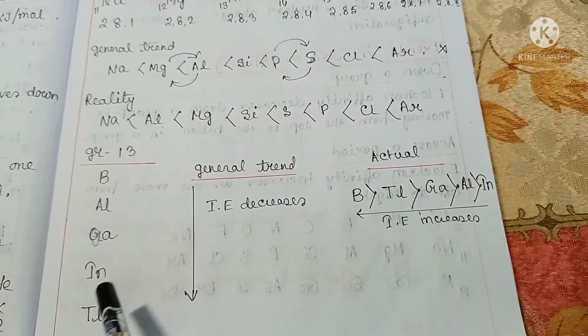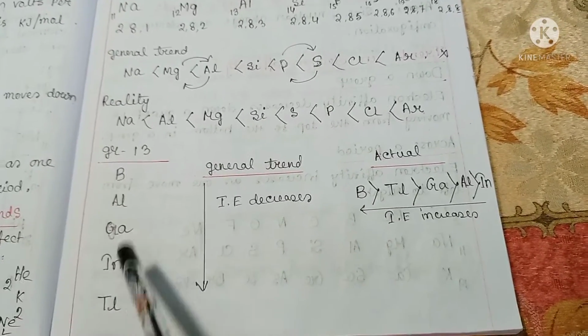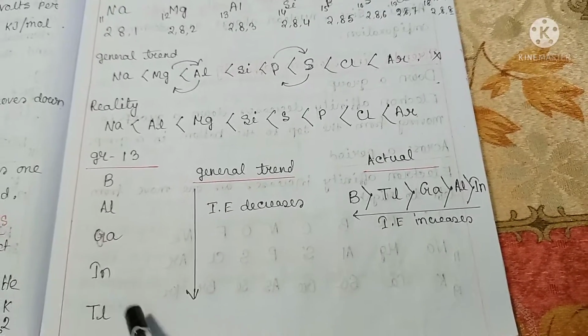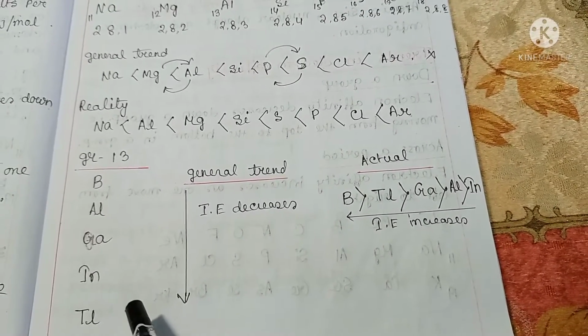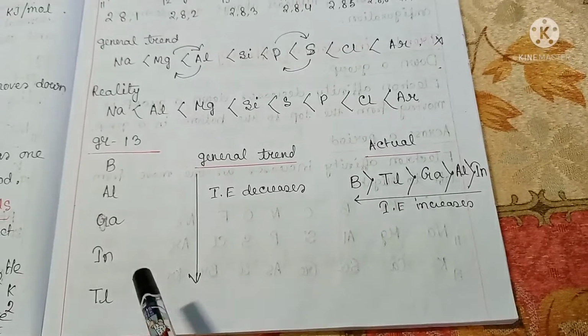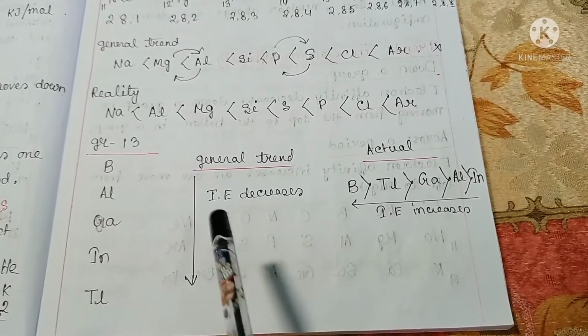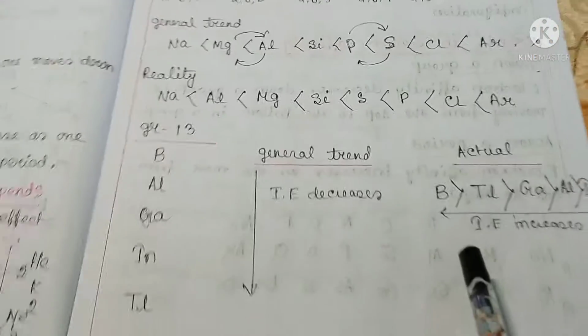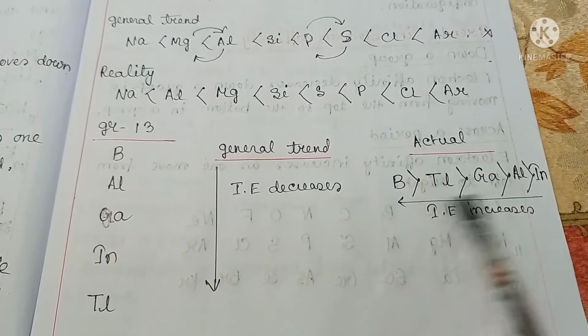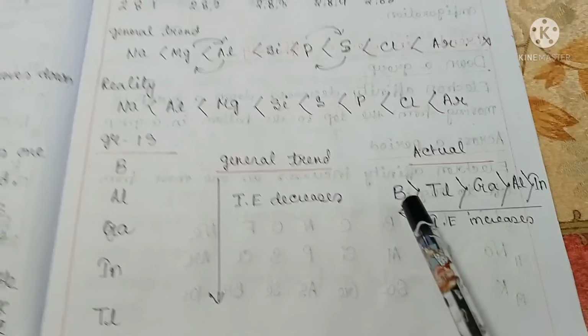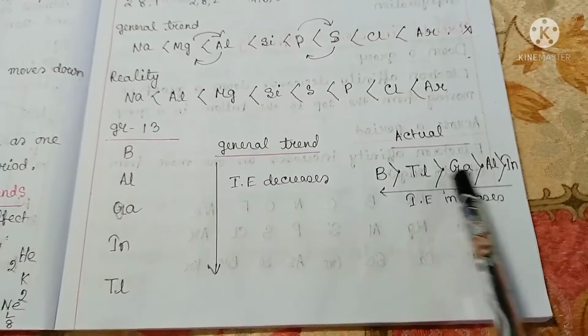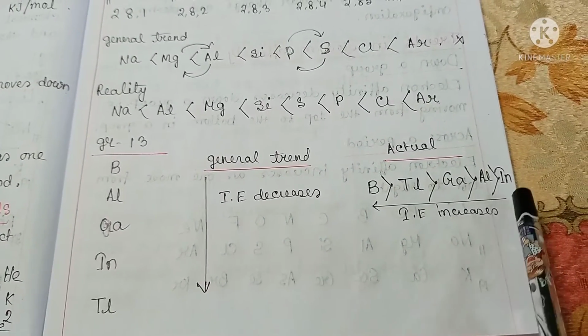Due to imperfect electronic configuration, gallium and thallium have poor shielding effect. So effective nuclear charge is higher and the electron needs more energy to be removed, hence ionization energy also increases. So the actual order: first indium, then thallium, gallium, aluminum and boron.